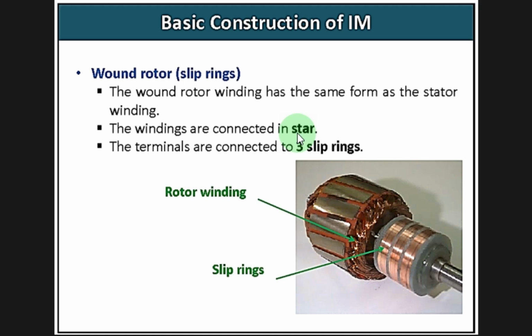The terminals are connected to 3 slip rings, like the commutator in DC machines. So this is called the wound rotor induction machine.